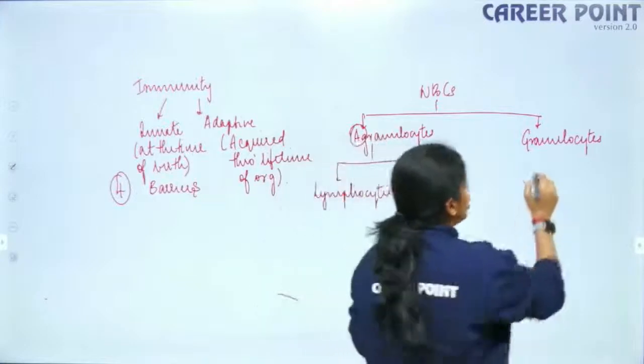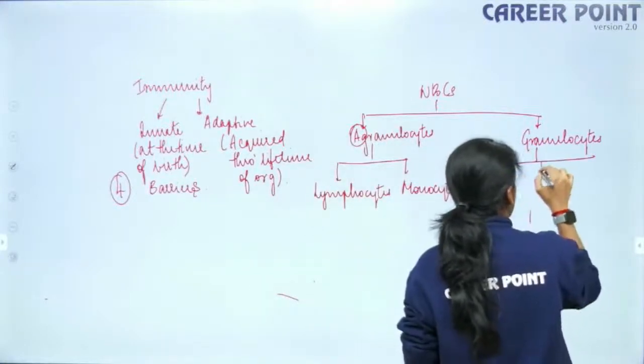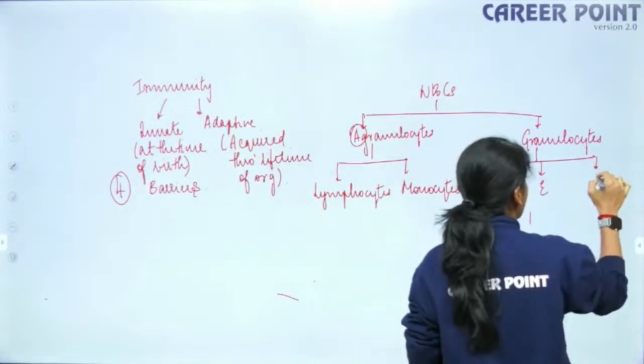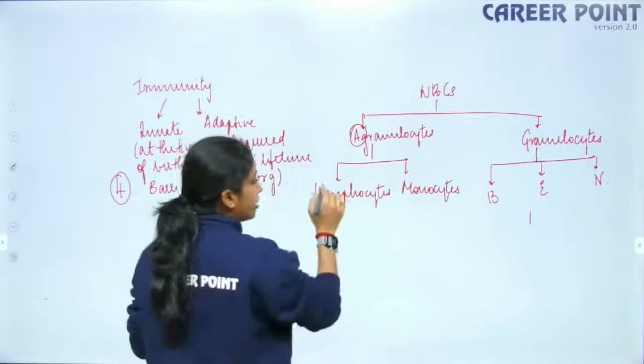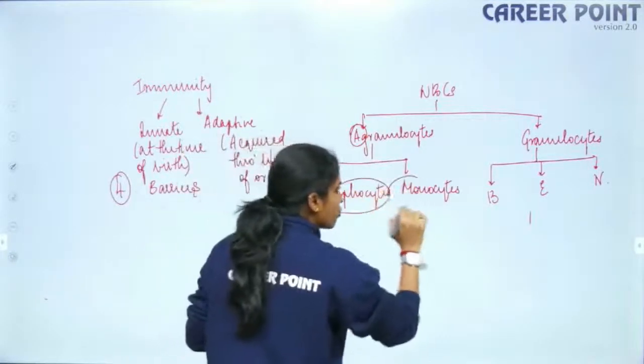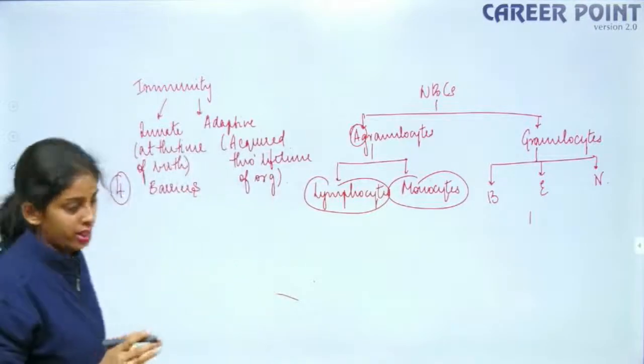Fine. So granulocytes are of three types: basophil, eosinophil and neutrophil. Right? So these lymphocytes and monocytes play a very important role in immunity. Okay?